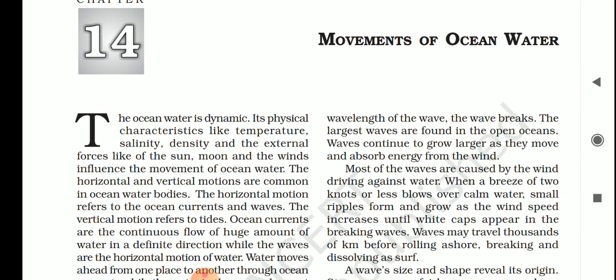So students, movement of water takes place in two fashions, which I already told you, and we can say it in another way also. Because this chapter is very important, movement of water can be horizontal or vertical. Vertical movement is upwelling and sinking, caused by tides. Horizontal movements are waves and currents.